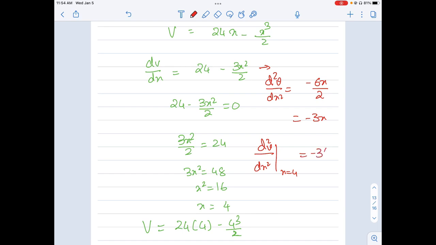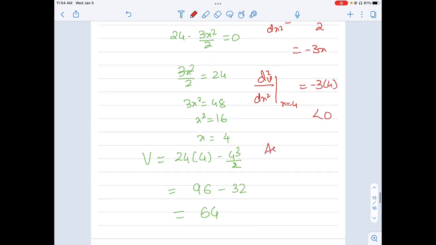It becomes minus 3 times 4, which is negative, less than 0. So as d square v upon dx square is less than 0 at x equal to 4, v equal to 64 is the maximum volume, because if the second derivative is negative, the value will be maximum.